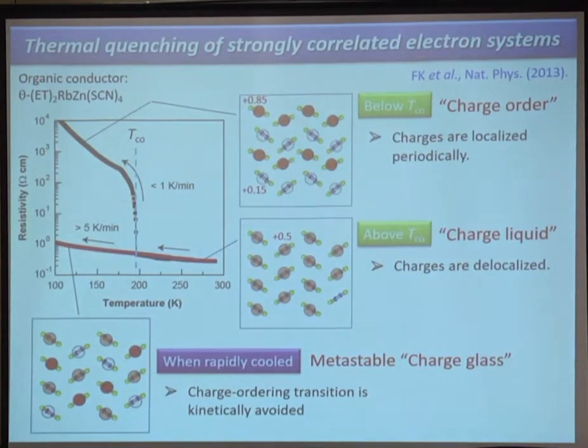So this is our old example. The target material was an organic conductor, a typical strongly correlated electron system. And this is the temperature dependence of resistivity. Here I'm not going into the details, but the point is when rapidly cooled, this charge ordering transition can be kinetically avoided like this.